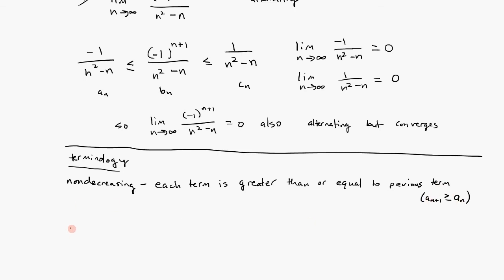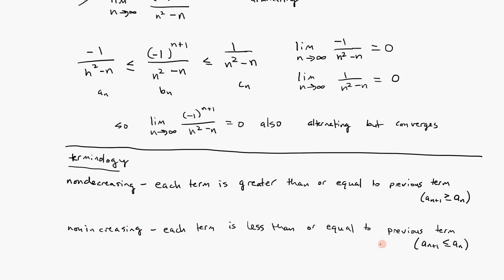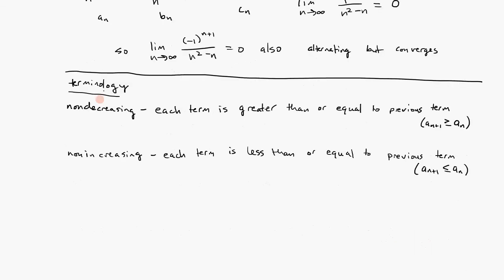The next kind of sequence is a non-increasing sequence. So a non-increasing sequence is where each term is less than or equal to the previous term. So where an+1 is less than or equal to an. And if you have a non-decreasing or non-increasing sequence, the sequence is called monotonic.